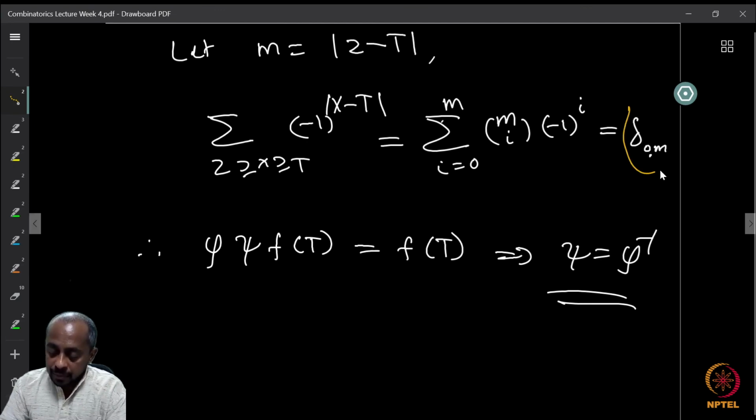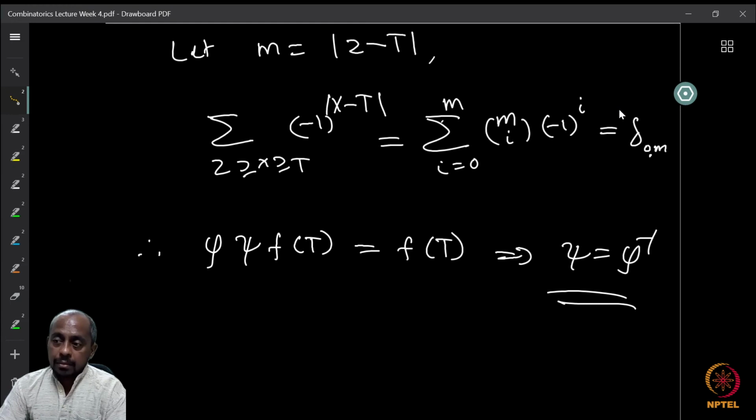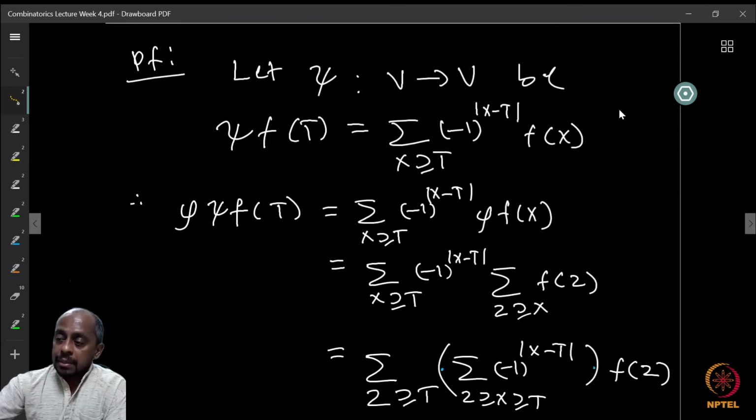So therefore, we get this as the Kronecker delta 0m. So the internal part is Kronecker delta 0m.